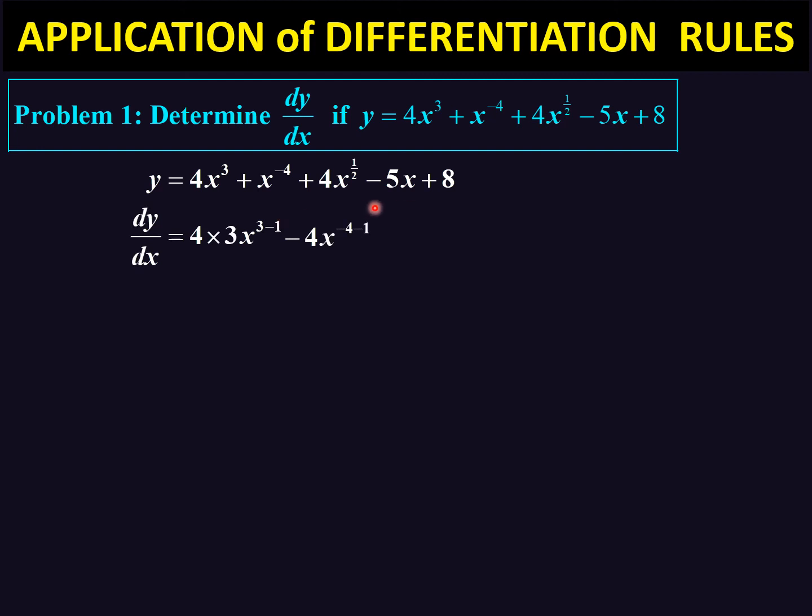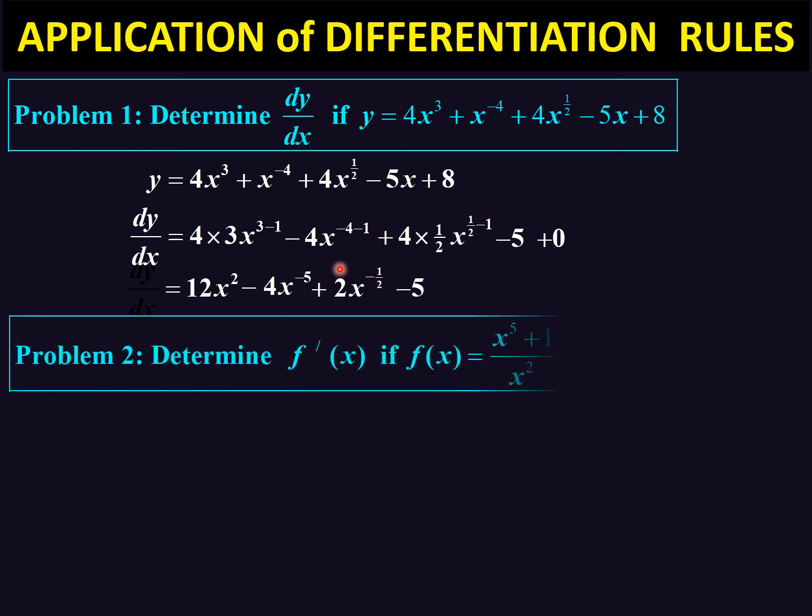Derivative of negative 5x is just negative 5. And the derivative of 8 is 0. Right? So that one gives me this term, this one gives me this one, that one gives me this one, negative 5x becomes negative 5. We can simplify that, and those are the terms that we obtain.